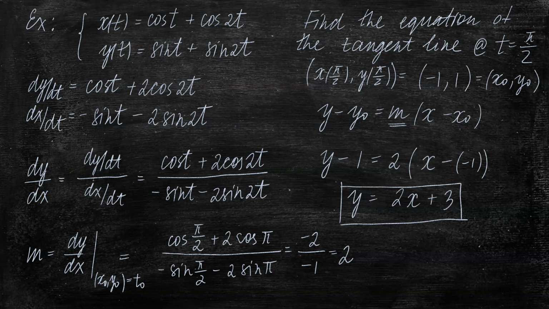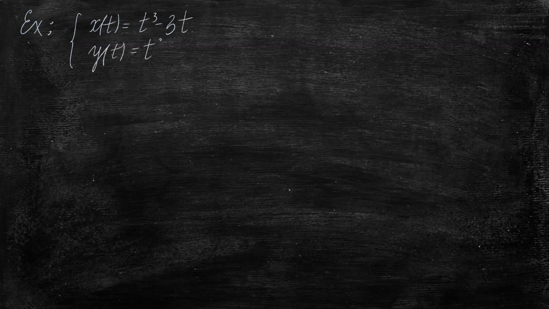Let's do another example, and this time we will be given a set of simple parametric equations, but the question is to determine all the points on the curve where the tangent lines are horizontal or vertical.